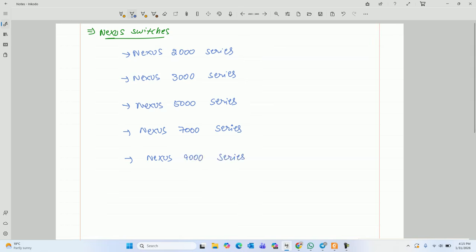Whenever you look at the Nexus switches, as per the requirement, you will always see that we have different platforms. It totally depends on your requirements.